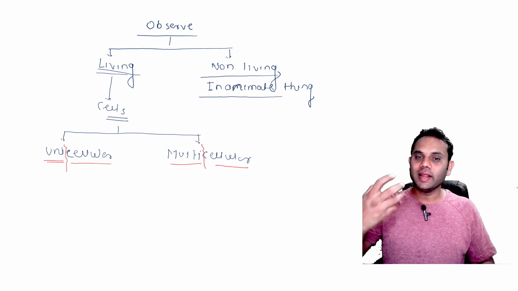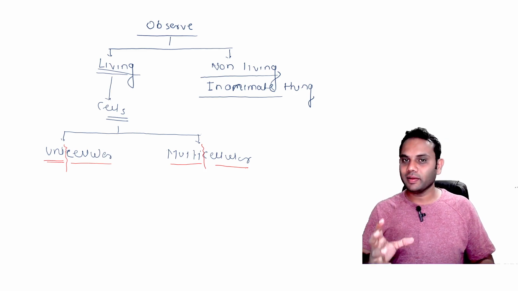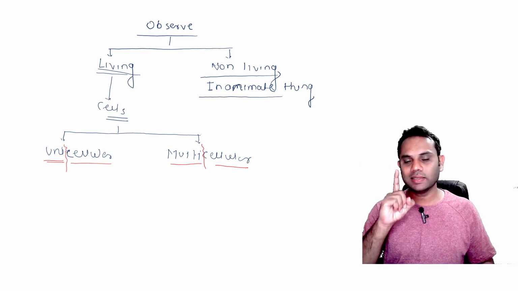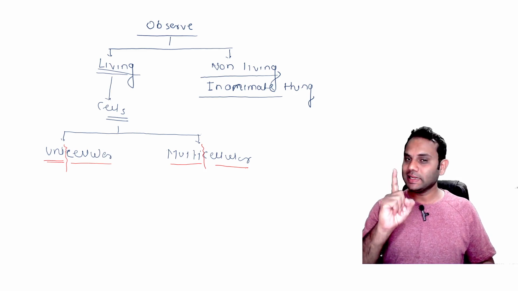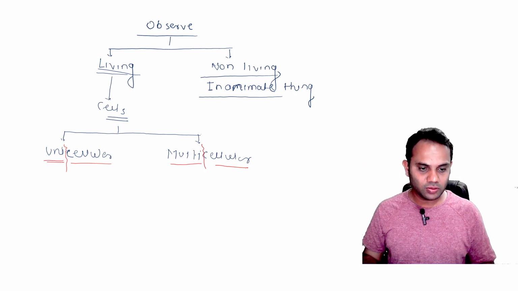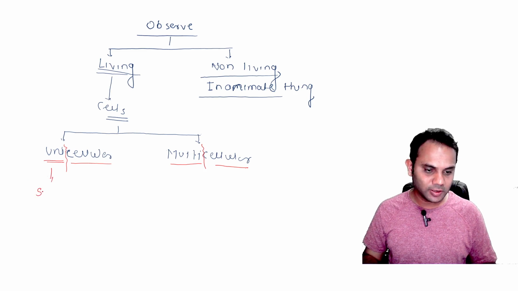If an organism entirely contains one single cell, then that organism is called unicellular. You will clearly understand that uni means single and cellular means cell.